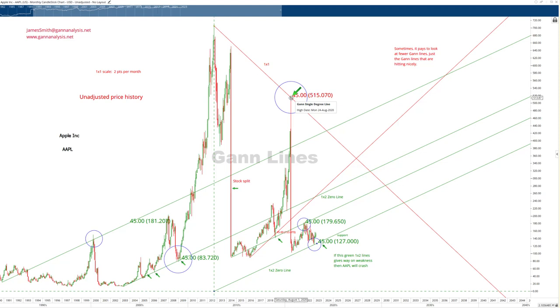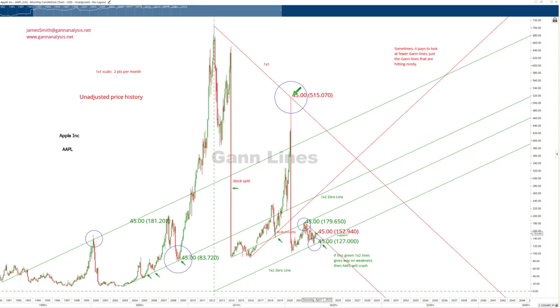Now, one other thing I would point out, let's see if we can do another line here. Notice how the 1x1 is giving you exact resistance. It's often the case if you get a live angle like this one here, it gave you the exact high, you should use the line again, right?